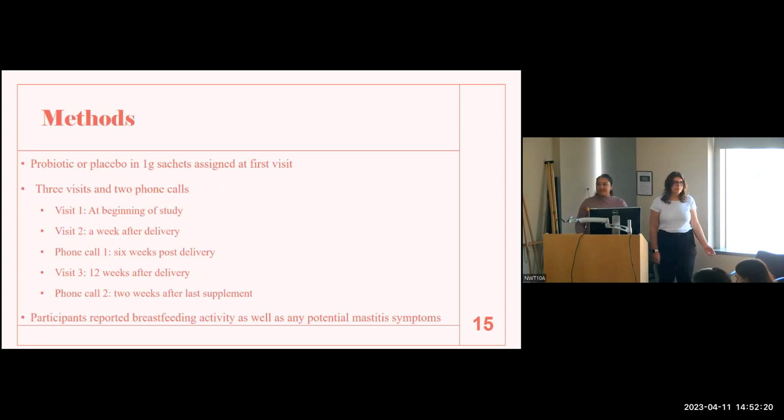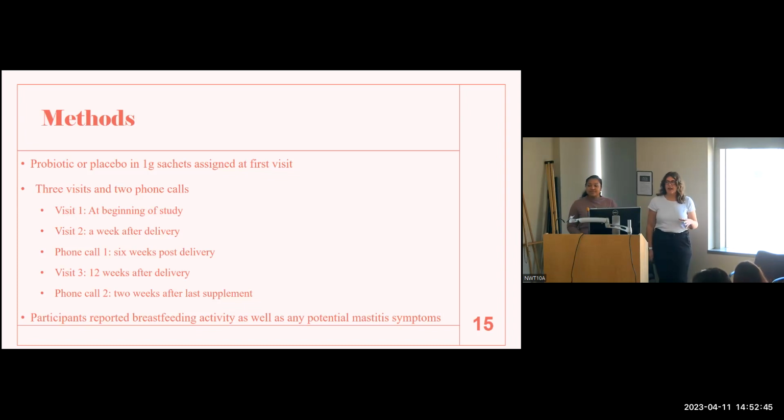As we stated before, the subjects of the trial were randomly assigned either a probiotic or a placebo in a 1 gram sachet to ensure consistency, so they would not be able to tell which one they were receiving. These were assigned at the first visit. In addition to this, they were also required to go to 2 other visits and take 2 phone calls. The first visit was at the beginning of the study.